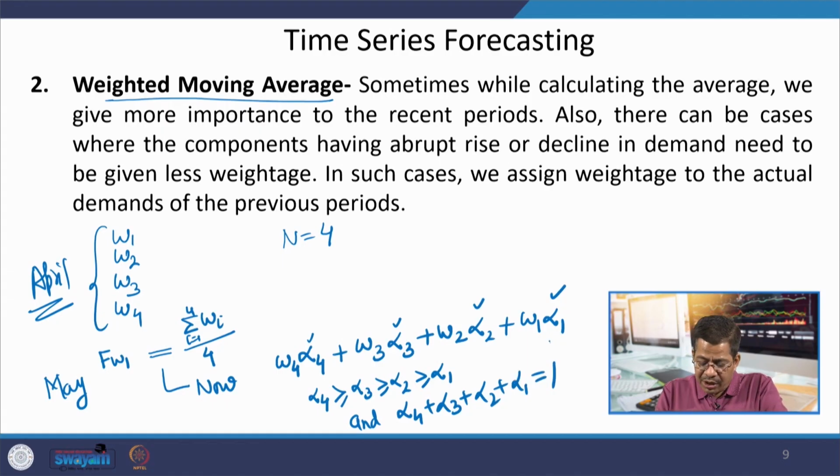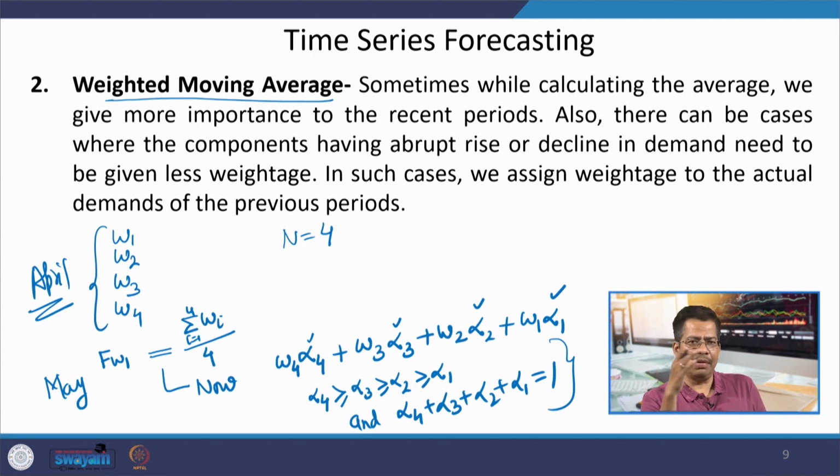So, these are the two conditions where we get the flexibility to give more weightage to the most recent period, and as we move away from the most recent period, these weights can reduce in a particular manner. So, you will not be affected by a particular outlier.